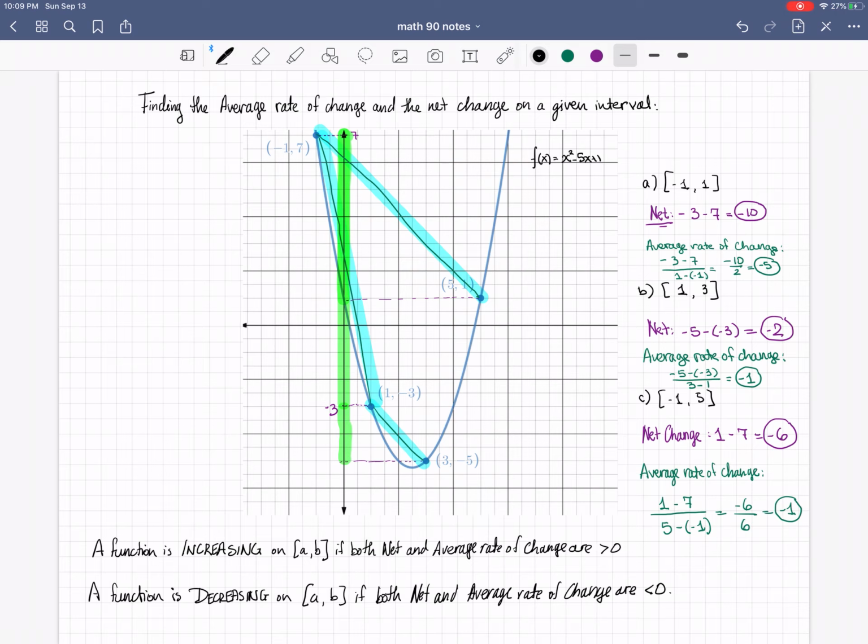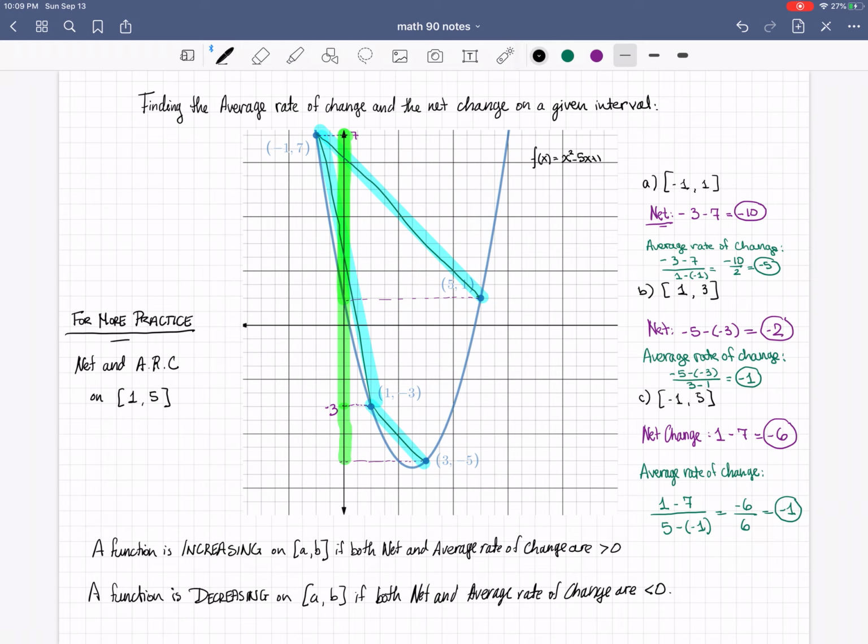So if you're curious, for more practice, look at the net and average rate of change, and you'll notice I start abbreviating average rate of change as ARC, on the interval from 1 to 5.